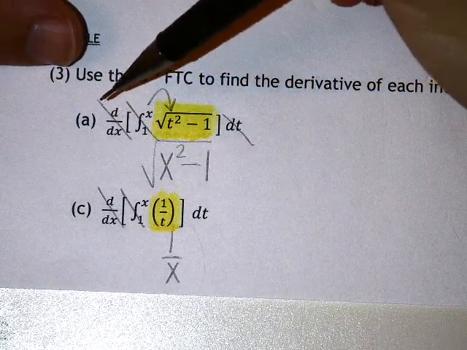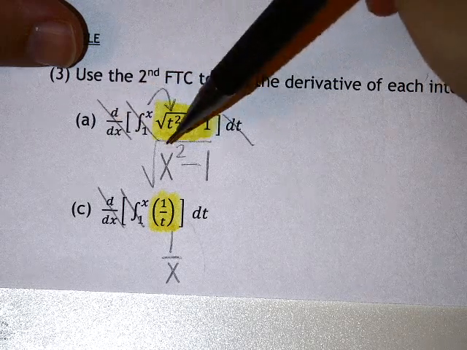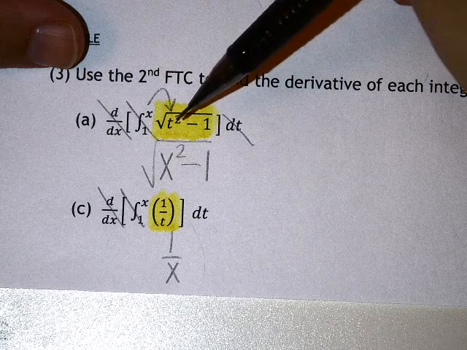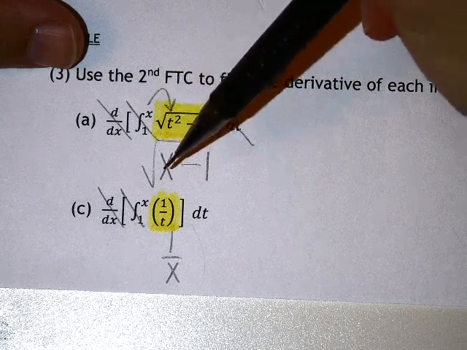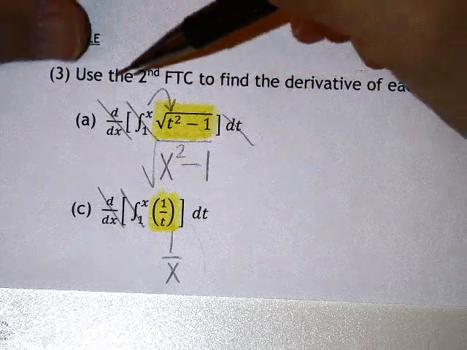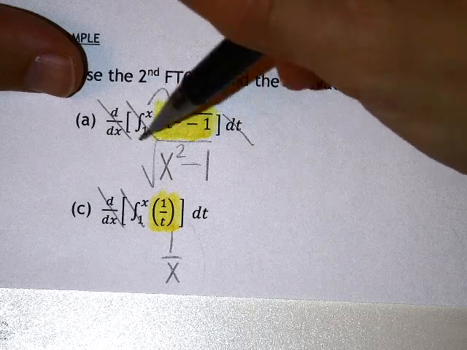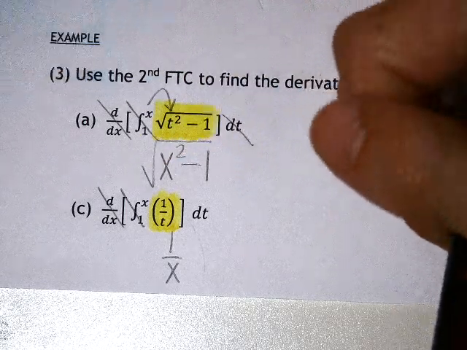We know that when we have to take a derivative of an integral, those two operations are going to cancel each other out, and our only thing that we have to remember is that we have to plug in the x, the unknown limit of integration, into the dummy variable spot. But if those two things cancel out, our only real step is to recopy the function itself and replace the x.